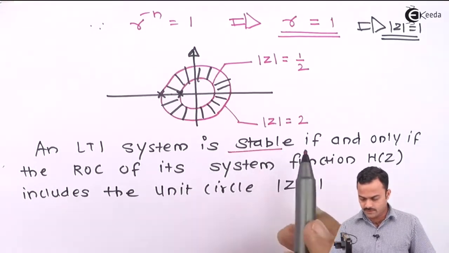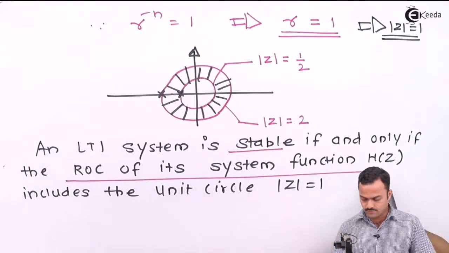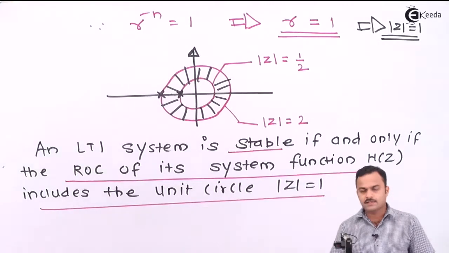So for stability, the ROC must include the unit circle, and then we can say the system will be stable.